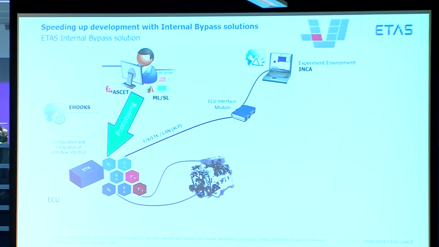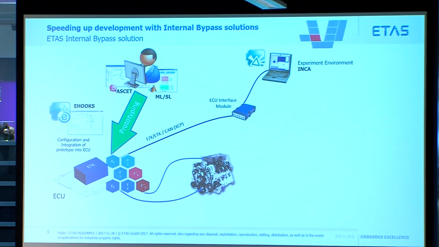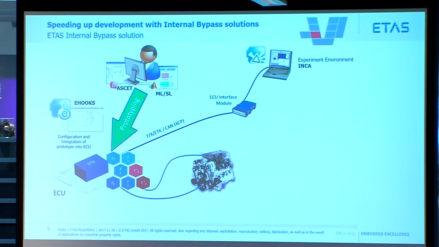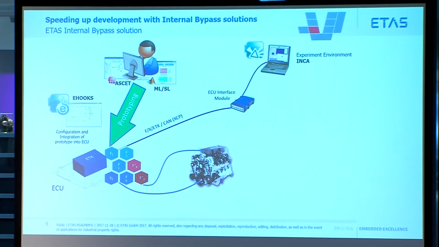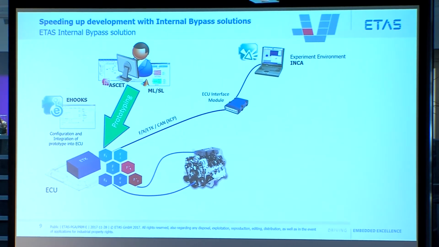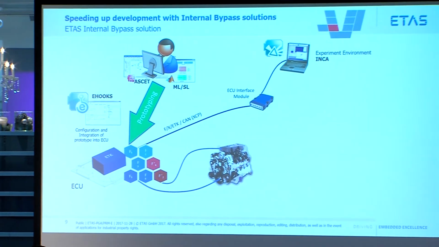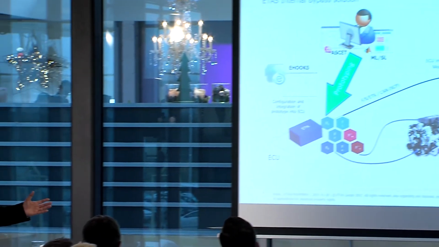Once that's flashed down to the ECU, they can then do their bypass experiment using the INCA experiment environment connected to the ECU with some appropriate interface module. For high performance applications, they can use an ETK-based connection to the ECU for high bandwidth and low latency, or for less demanding applications, you can also use a CAN-based connection.